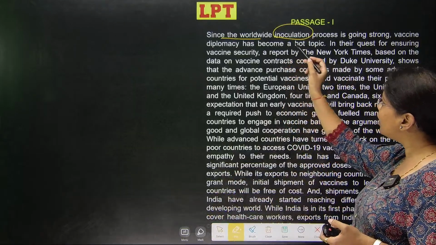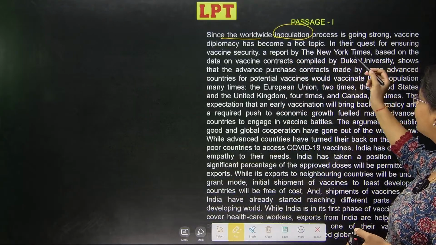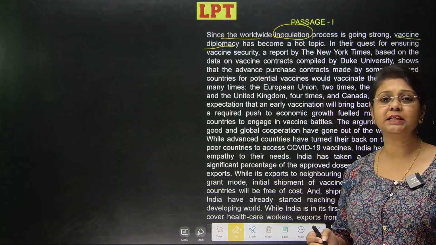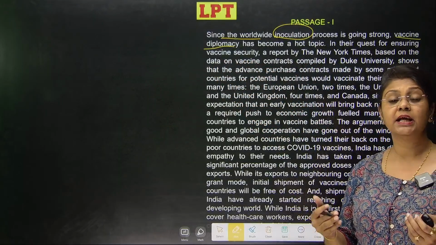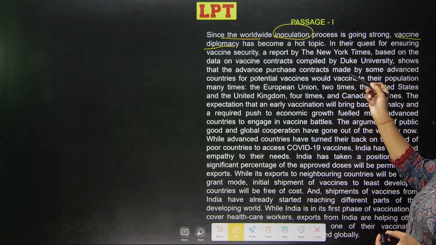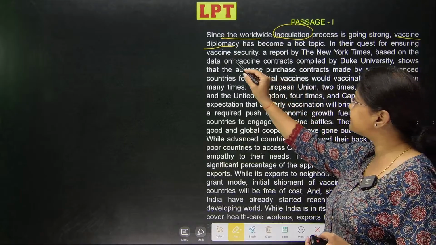So it says, since the worldwide inoculation process is going strong, vaccine diplomacy has become a hot topic. So essentially this passage deals with vaccine diplomacy. It says it has become a hot topic in their quest for ensuring vaccine security.